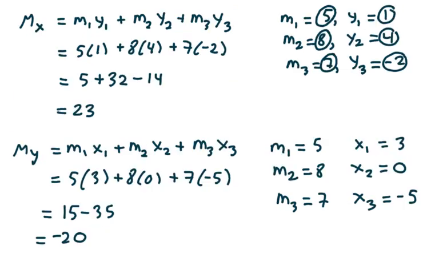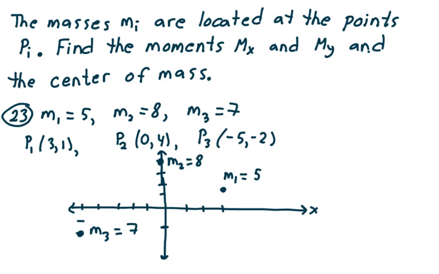And so if you notice, I'm trying to find m sub x first. And so what that means is I need the second coordinate of each point. And so I look at the second coordinate for the first point, that's 1. The second coordinate for the second point is 4, and the second coordinate for the third point is -2.